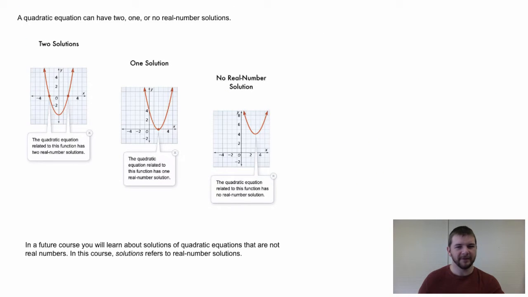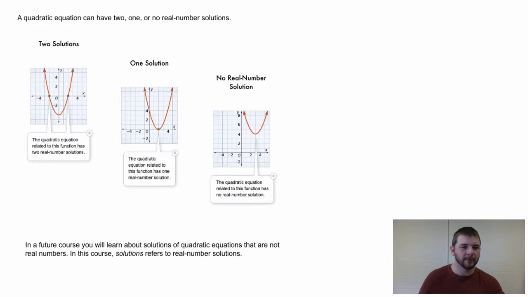So using this graphing method, it's important to note that a quadratic equation can have 2, 1, or no real number solutions. Consider parabolas. It's possible to construct a parabola that crosses the x-axis twice. It's also possible to construct a parabola that only intersects the x-axis in exactly one spot, and it's possible to have a parabola that doesn't intersect the x-axis at all.